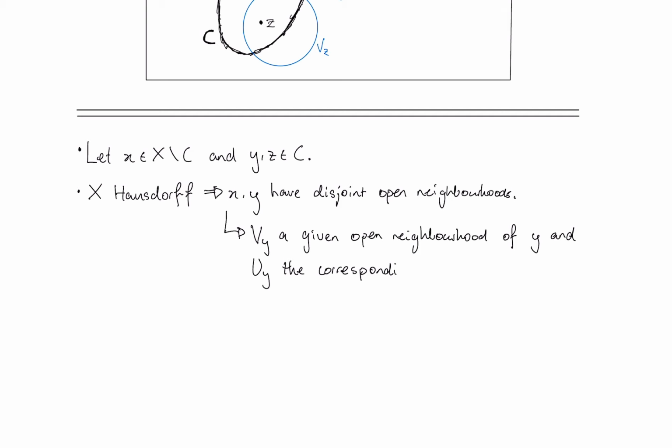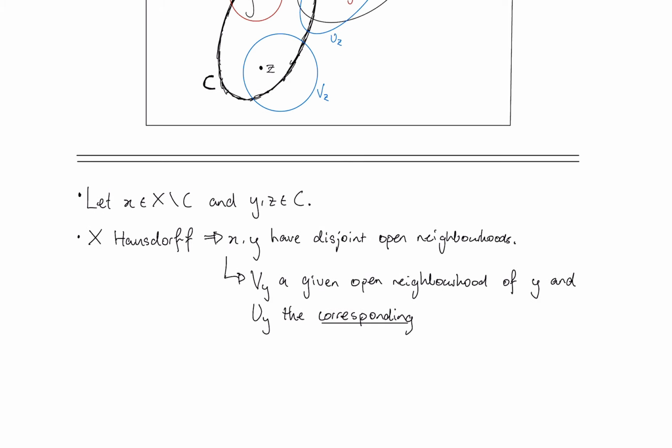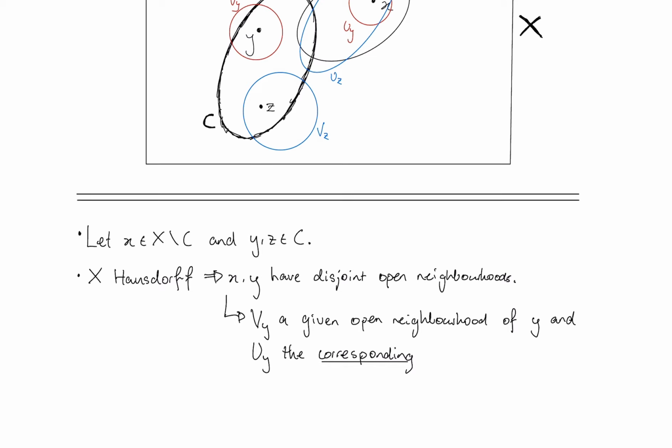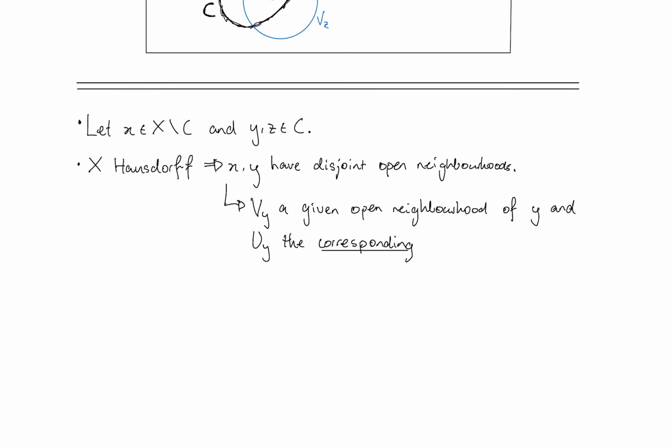As I was going through this proof, this is where a lot of my confusion came about: the correspondence between the open neighborhoods. So that's why I want to make it explicit here.